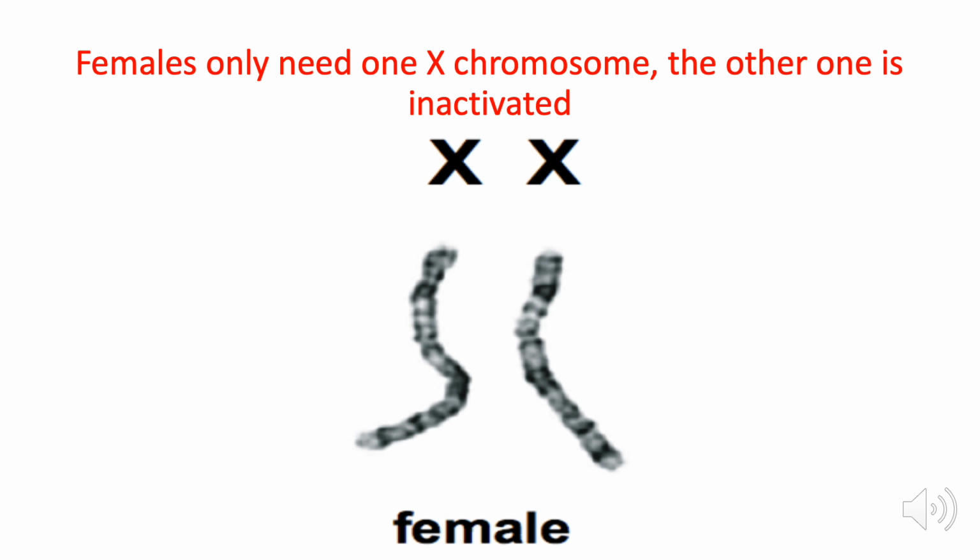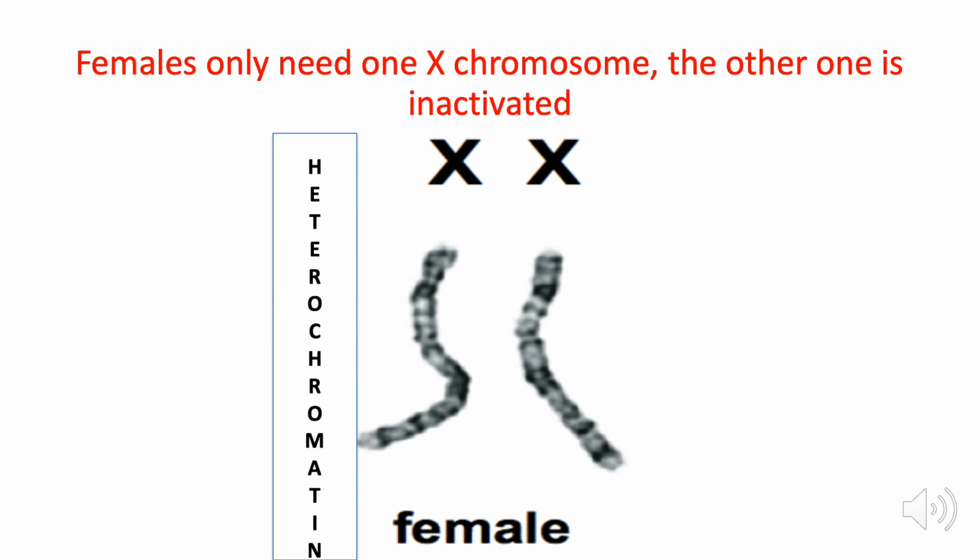And as you have learned a while ago, if DNA is not needed by the cell, it's supposed to be tightly coiled around histones. So in the case of the 2 X chromosomes of females, since only one is needed, one should be tightly coiled around histones, should be further condensed, and that X chromosome will become heterochromatin.